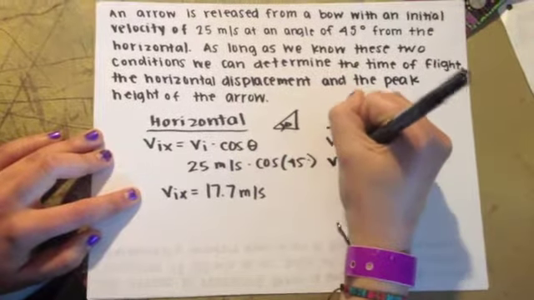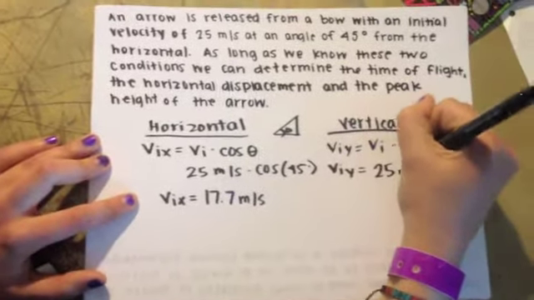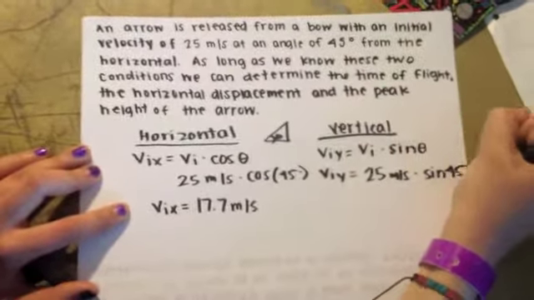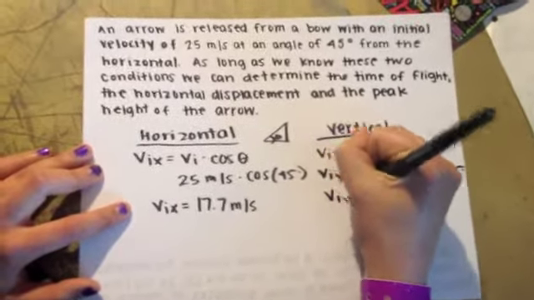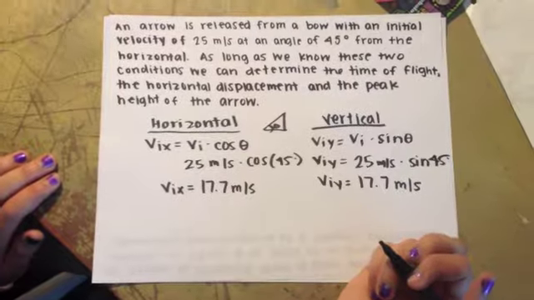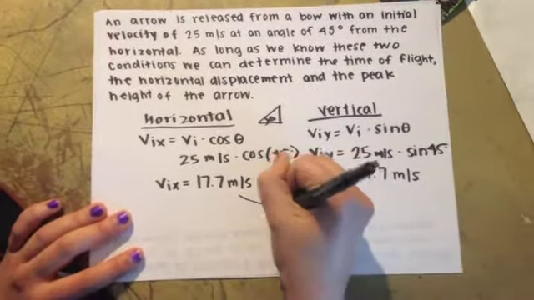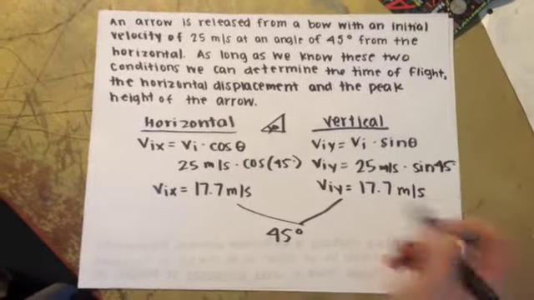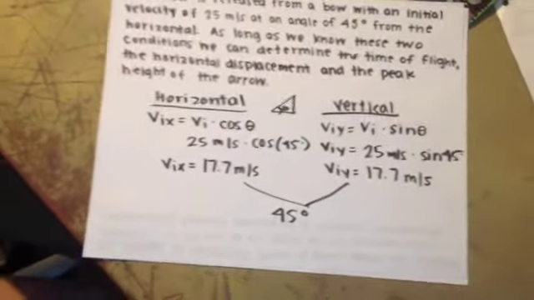We plug in the starting velocity again, multiply times sine of the initial angle, and we get the velocity in the y direction equal to 17.7 meters per second. You may have noticed that these are the exact same, and that's because a 45-degree angle is one of those special triangles that make sine and cosine the same thing.